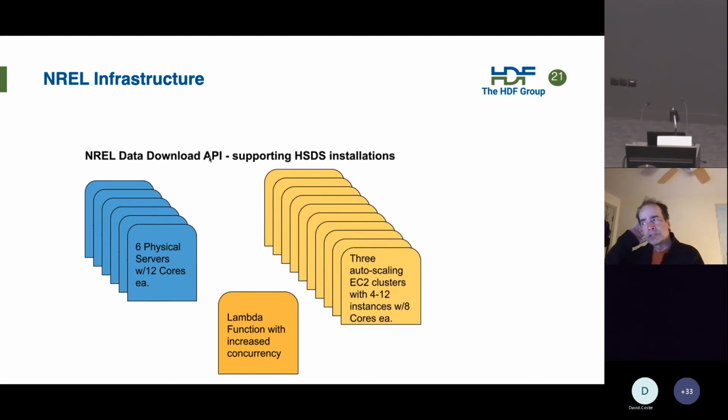Their infrastructure has 6 physical servers managing their data download API, talking to 3 EC2 clusters, 4 to 12 instances each with 8 cores. So quite a fair bit of hardware. And on top of that, they are using HSDS Lambda for spike loads.